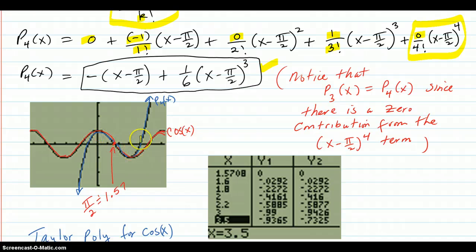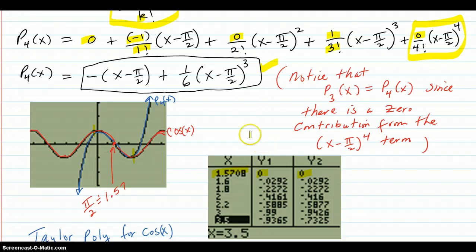Right at pi over 2 is where it hits it exact, and then it diverges away somewhere around here and somewhere up there.